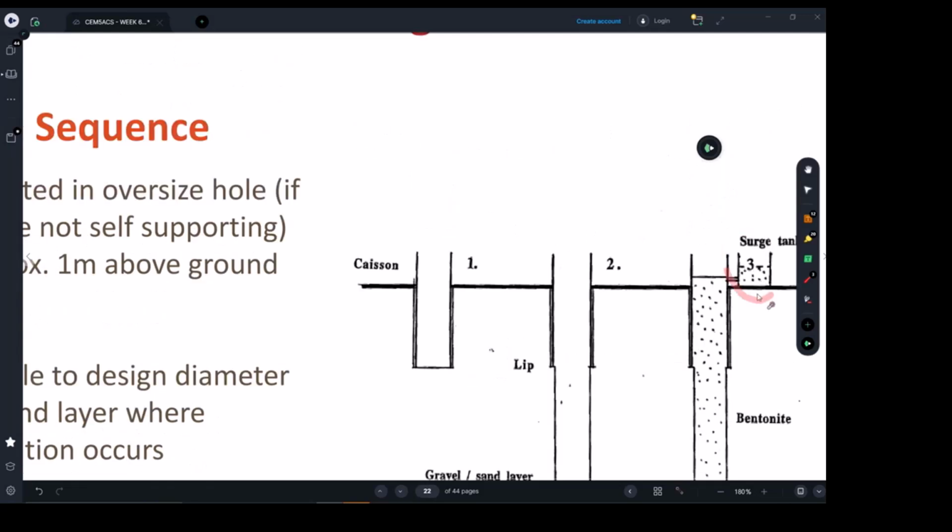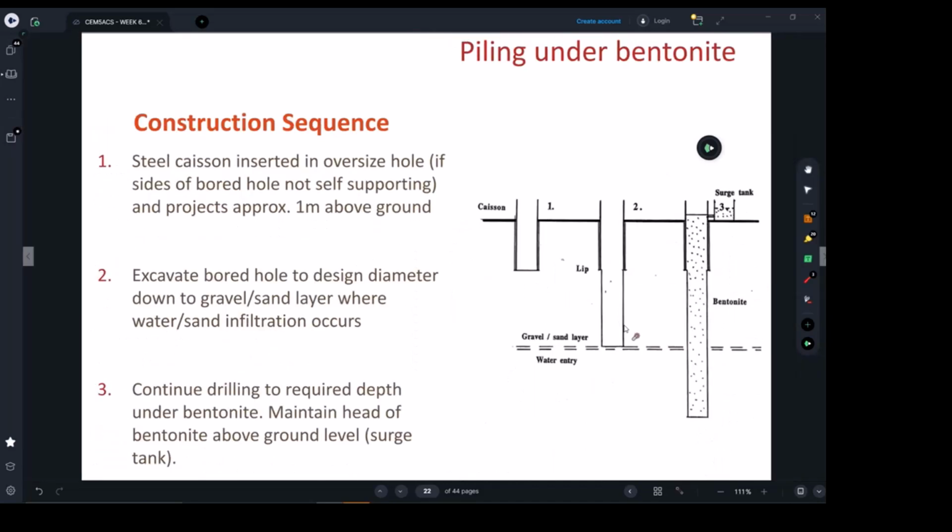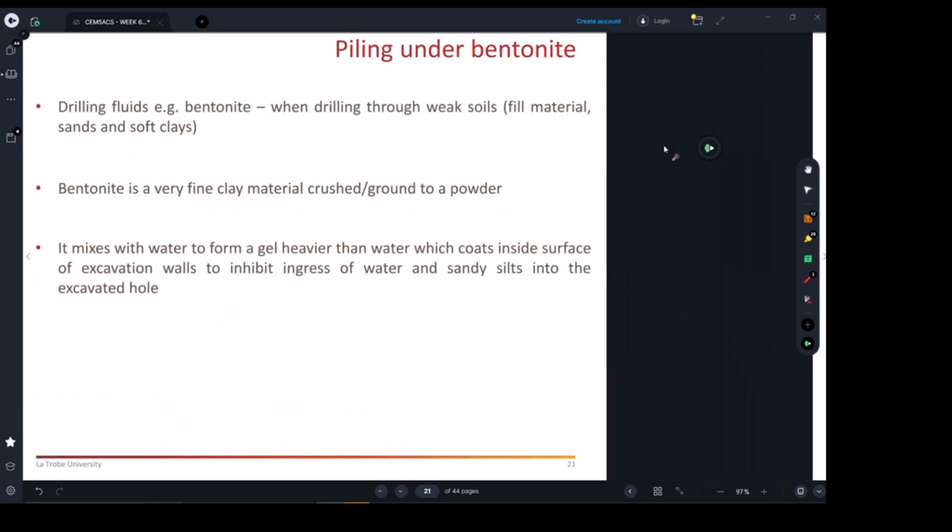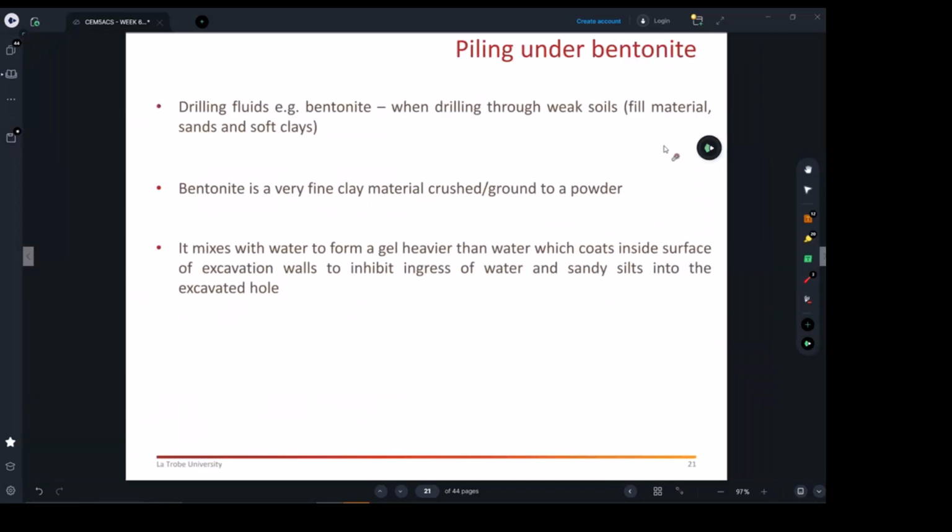So that's why we use a surge tank. There's a technique that needs to be looked after while you think about using the bentonite as a temporary shoring for the hole you dig.